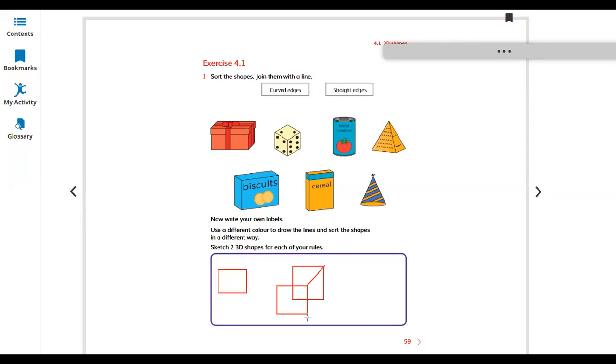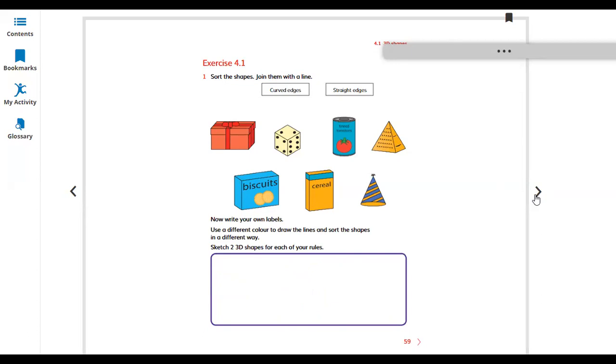Corner with corner. Like this. So it's a 3D shape and this one a 2D shape. Or making a circle. 2D and 3D shape like this.